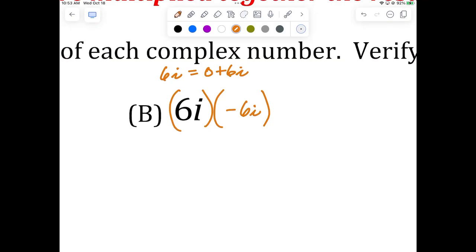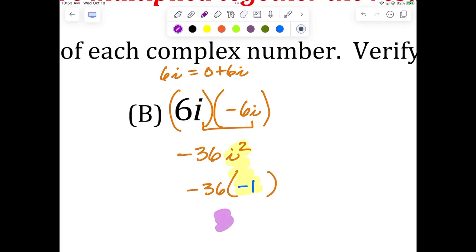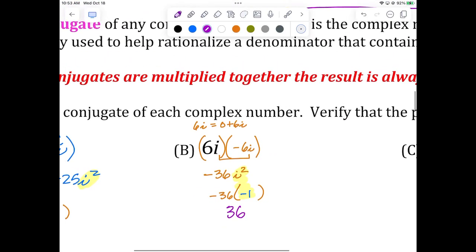We just multiply like parts. What's 6 times negative 6? Negative 36. What's i times i? i squared. And now in the next line, we'll replace i squared with negative 1. We do that as a separate line. And now we multiply a negative times a negative, and we get positive 36.